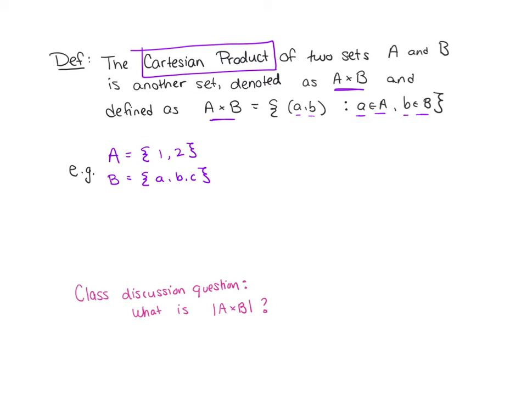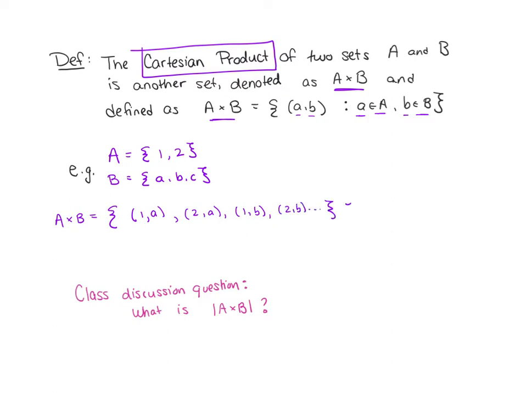So then A cross B is going to be any ordered pair where the first number comes from A, so it can be either 1 or 2, and the second entry comes from B, so it can be a, b, or c. So (1, a) is in there, (2, a) is in there, we could have (1, b), we could have (2, b), etc.